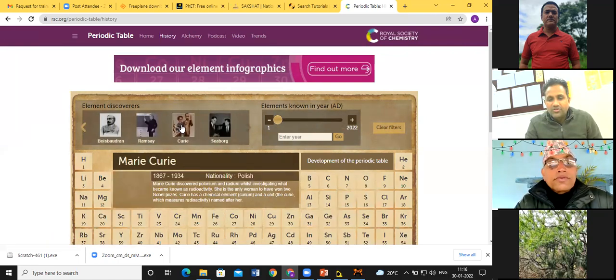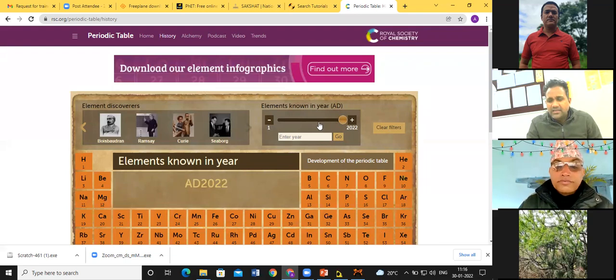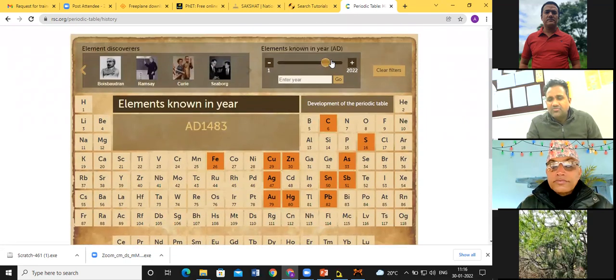Like if you go for Curie, Madam Curie discovered polonium, and like this. So they will give you the range of the elements known so far. And you can see in AD these elements were discovered.